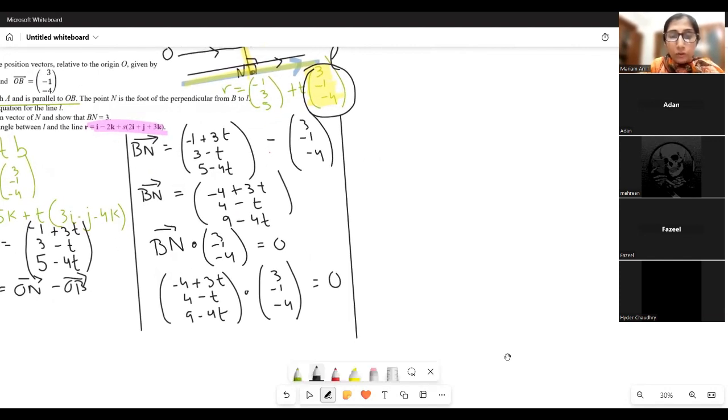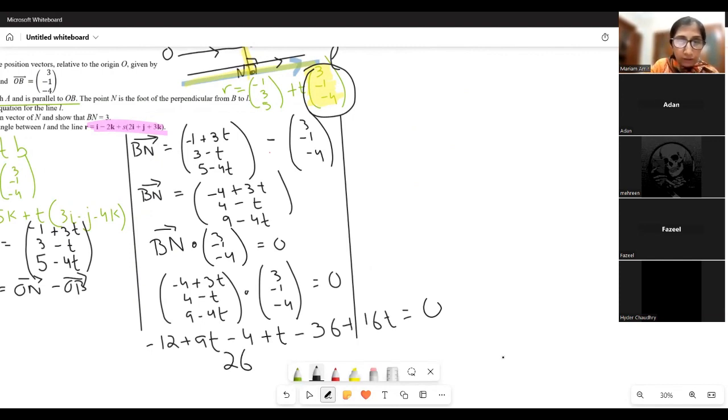So it's going to be -12 minus 4 plus t, plus 3t, minus 36 plus 16t equals 0. So 26t equals 12 plus 4 plus 36, which is 52. So t is coming out to be 2.